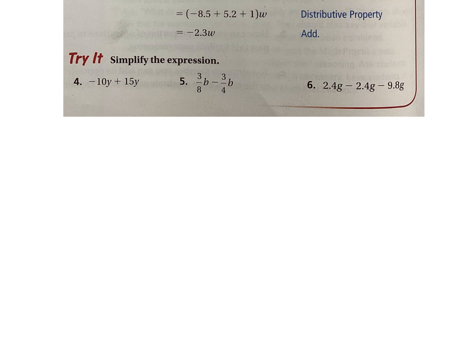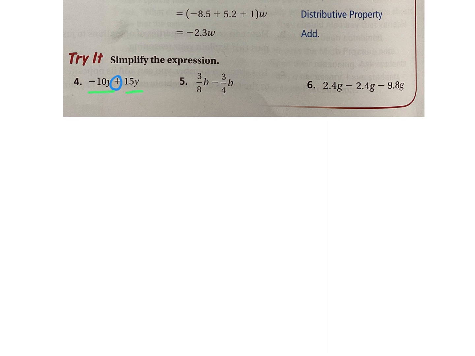So if I have negative 10y plus 15y, so then I have this plus right there. So my terms would be a negative 10y and a 15y. Those both have y's, so they're like terms. So I can put them together, and it's just going to stay as a y.